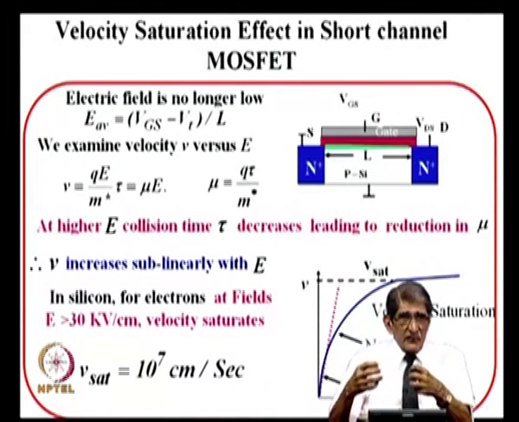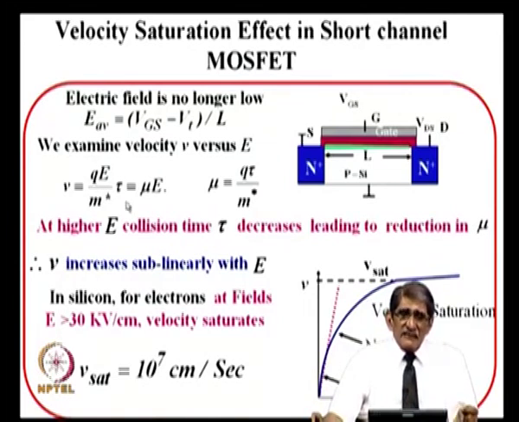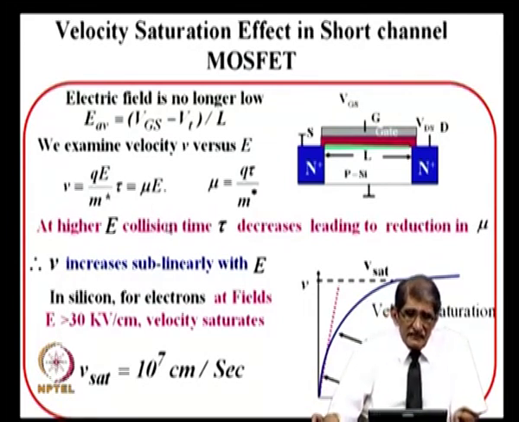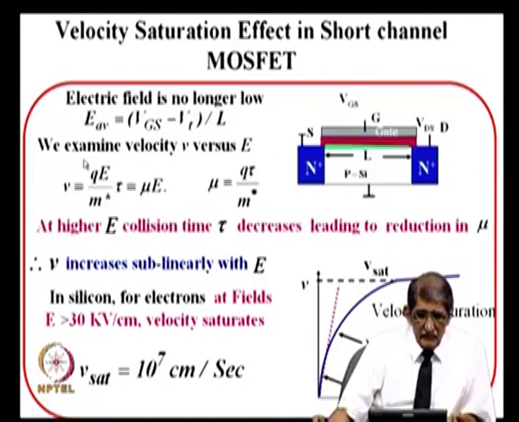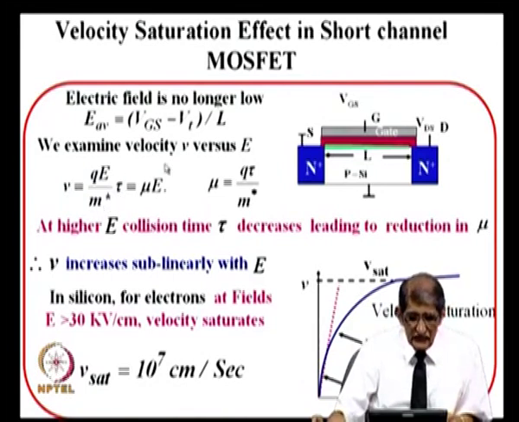When the collision takes place, it comes back to rest. It accelerates, collides, accelerates, collides. So, the average velocity is the acceleration, that is force divided by mass, the force qE, average field between collisions, divided by mass, into the time of collision. That is called mobility into electric field.